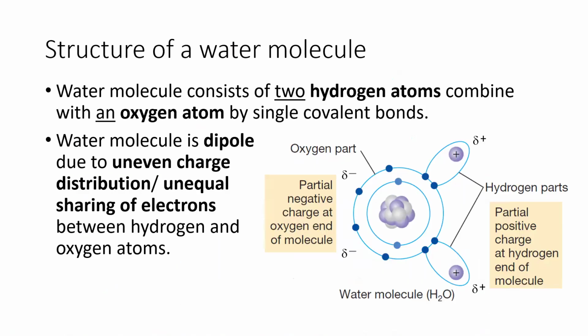The water molecule consists of two hydrogen atoms combined with an oxygen atom by single covalent bonds. The water molecule is a dipole due to uneven charge distribution, or unequal sharing of electrons, between the hydrogen and oxygen atoms.